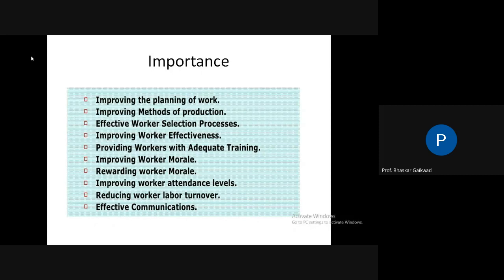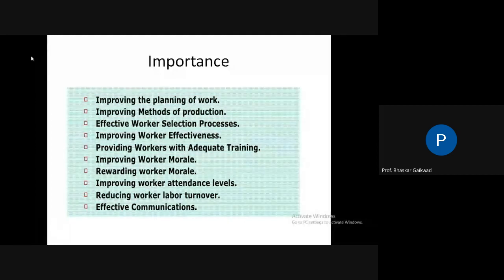Because of this he gets fatigued, and efficiency decreases. So we have to concentrate on the workers' satisfaction part, and in order to satisfy the workers, the stability of the workers in the industry will be there.